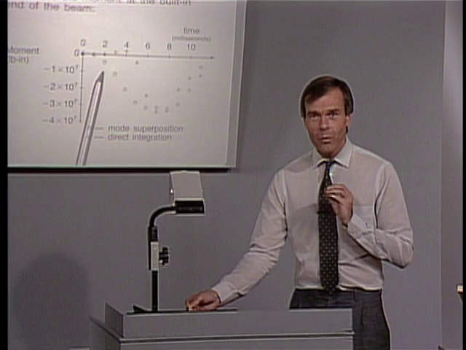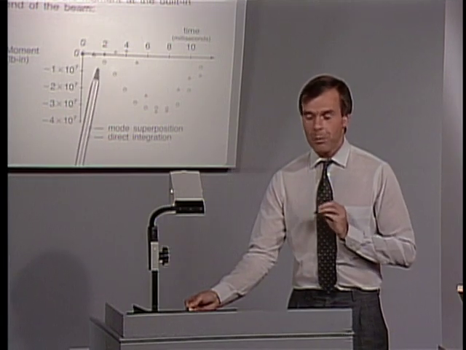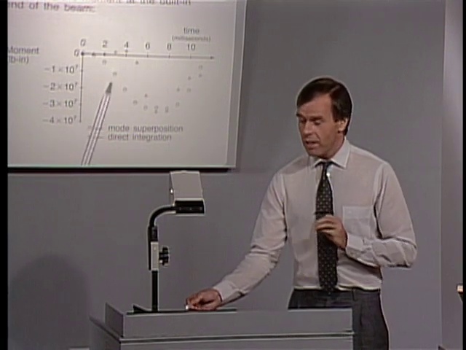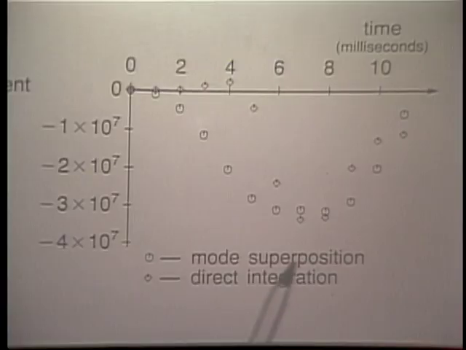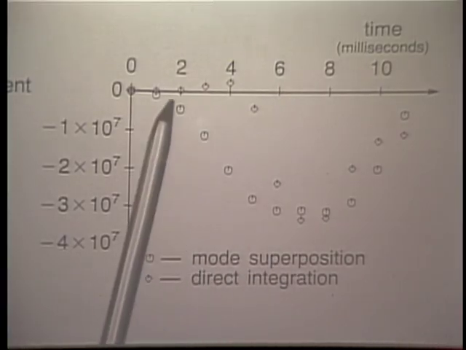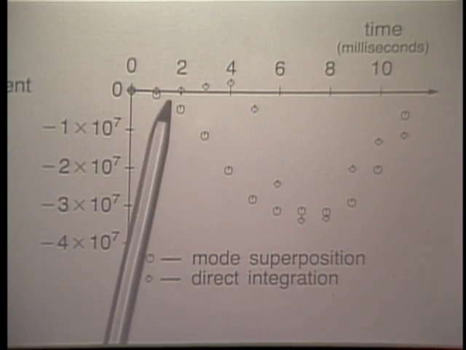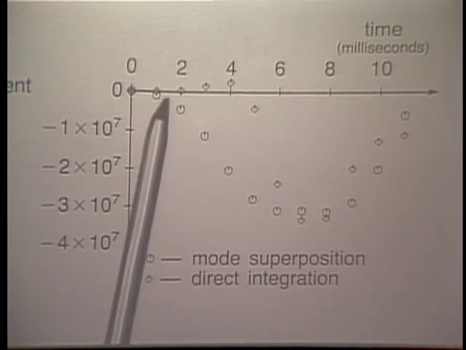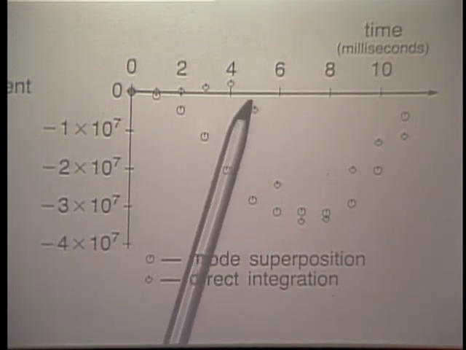However, one important point you should keep in mind, and that is if we had used more modes in the mode superposition solution, we would come closer to the response predicted with the direct integration solution.